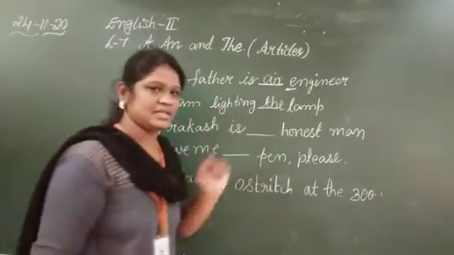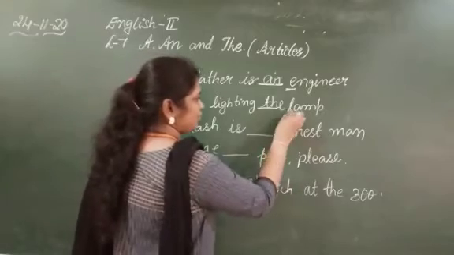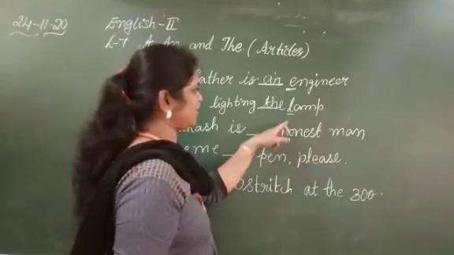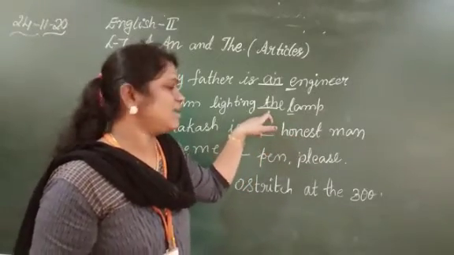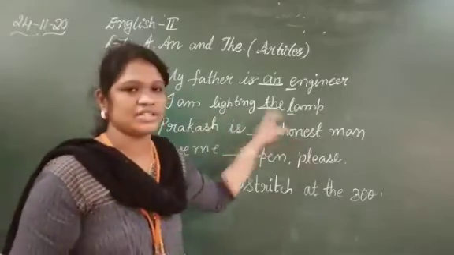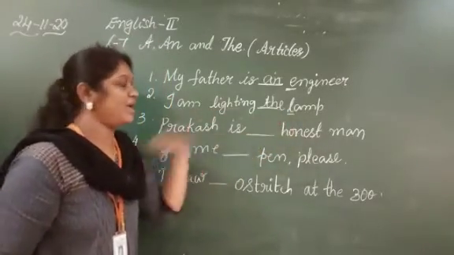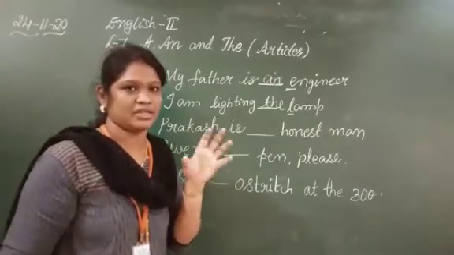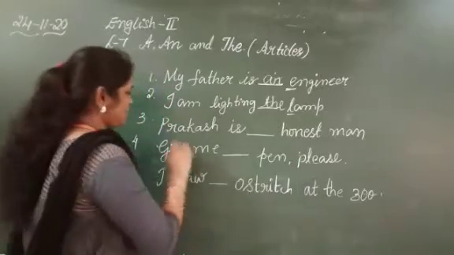Children, you don't think a consonant letter is there, so shall I write a here? No, you should not write that, because you have to read the full sentence. I am talking about a particular thing, so you have to write the.